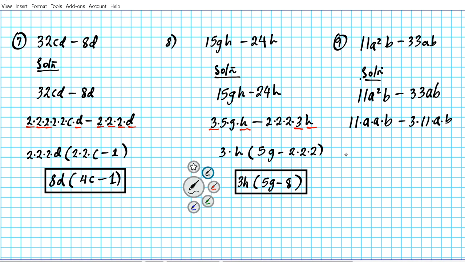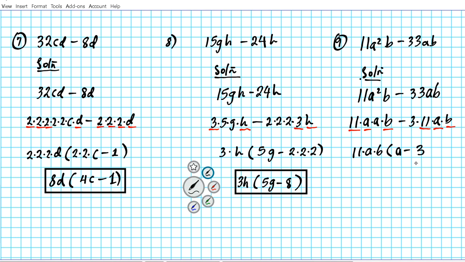Let's look for common factors that we can extract here. We have an 11 and an 11, an A and an A, and a B and a B. Those will get factored out. 11 times A times B will get factored out, and we're left with A minus 3.